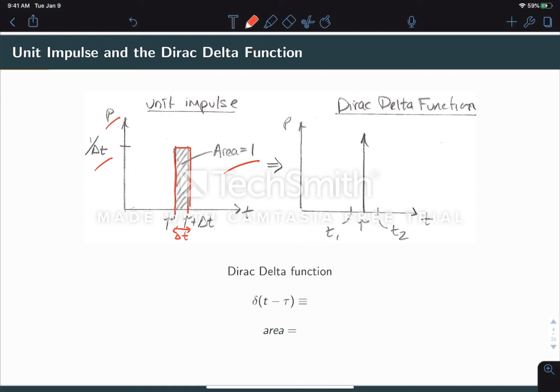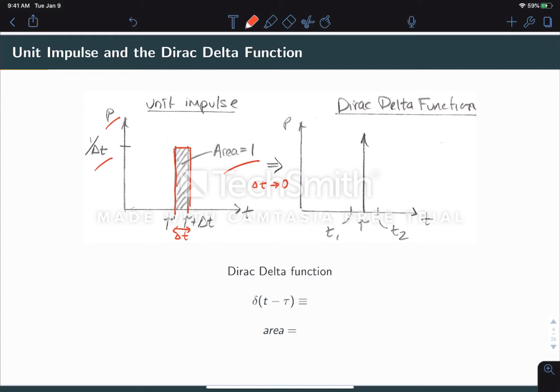Now this is a nice conceptual picture of what the unit impulse looks like. On the right side, we have a more theoretical picture, a little more analytical version of this function, which is useful for deriving a lot of the properties and equations that we will be deriving in this video. The Dirac delta function is defined as this unit impulse as that interval delta t approaches 0.